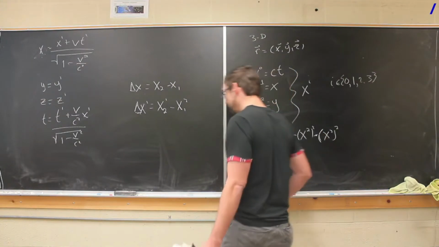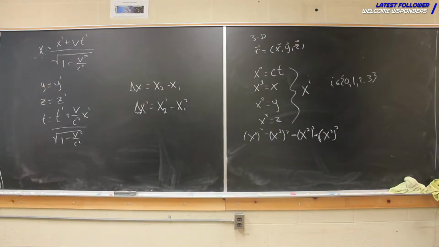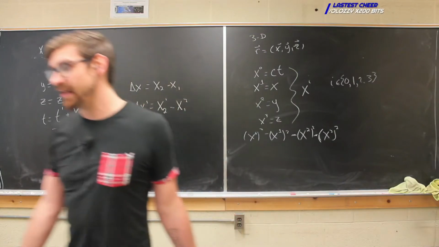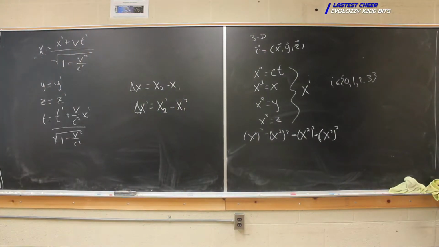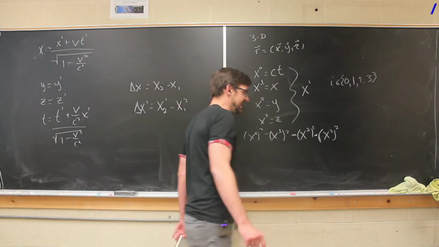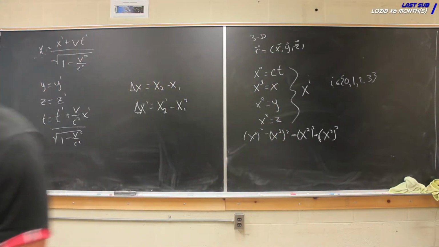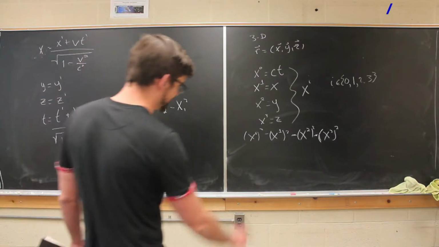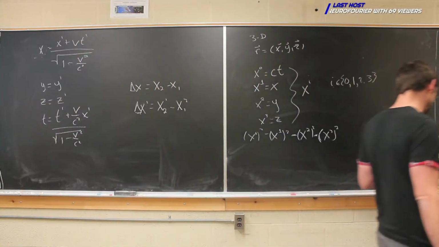Radial in the sense that it's not purely spatial like our r vector in the analogous 3D, where we have only x, y, and z. Now we have x, y, and z, but also a t dimension, so we have to be very careful about how we use that.